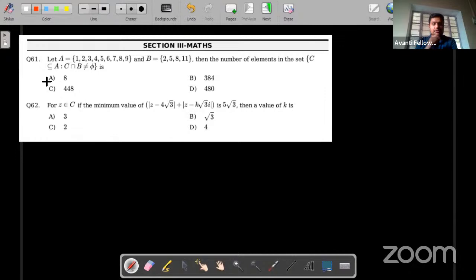First of all, we'll read it. In question number 1, it is saying that A is a set, with 9 elements given. B is also another set.